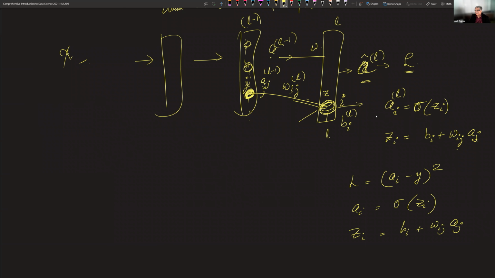Now, this activation will, in the same way, depend upon activations of the previous layer. And so if you want to find this, what you have to know is Wij of L. For every possible value of L, you want to find all the gradients.